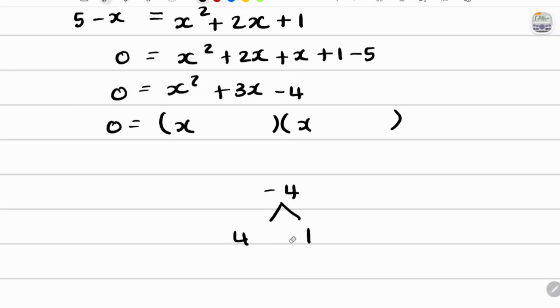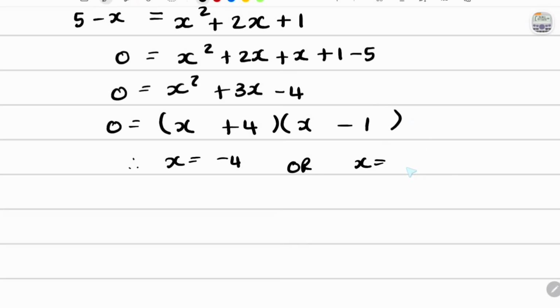Which one should be positive and which one should be negative for you to get a positive 3 in the middle? 4 should be positive, 1 should be negative. That way, 4 minus 1 is 3. Okay, so we have positive 4 and negative 1. So we can go ahead and just simplify. It means that x is either equal to negative 4 or x is equal to positive 1. Remember, we're taking it over.